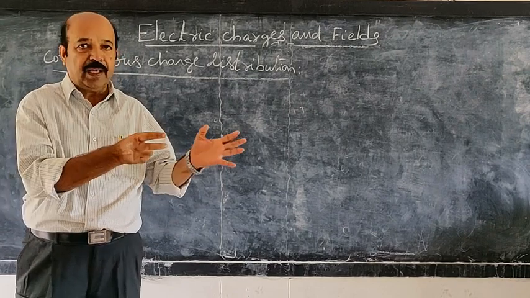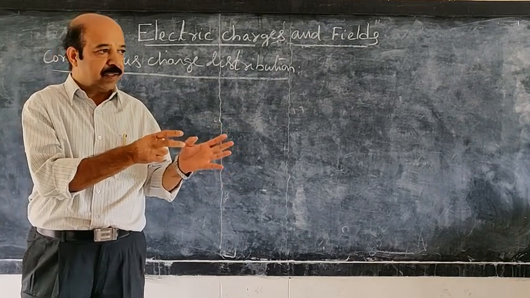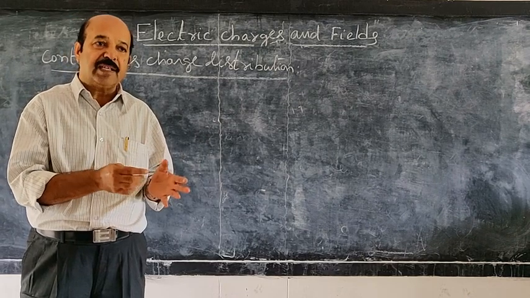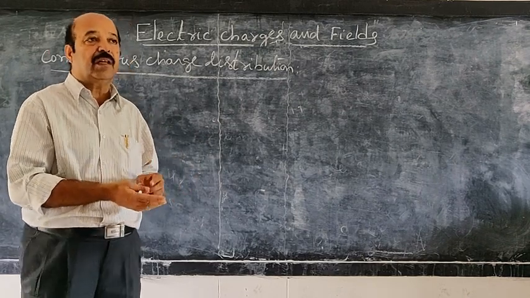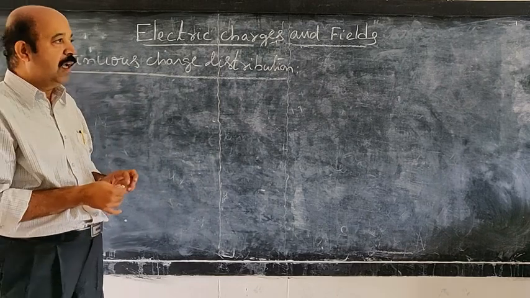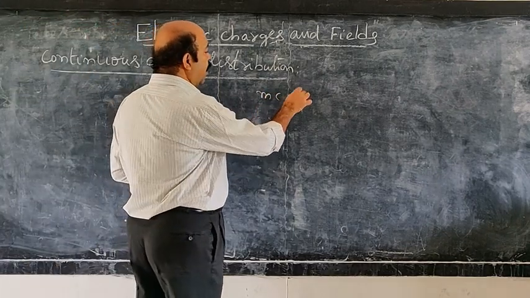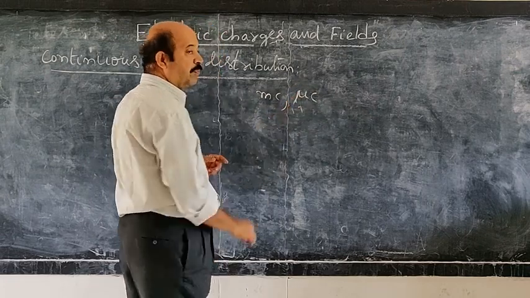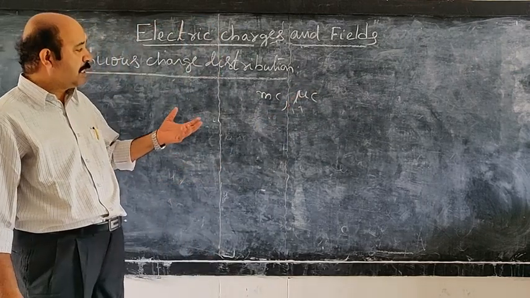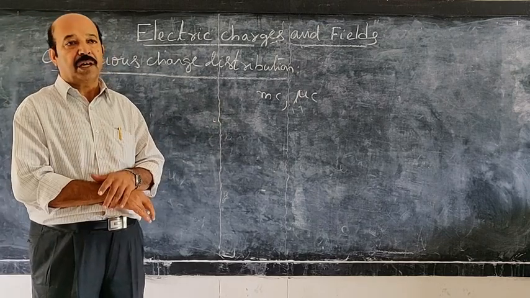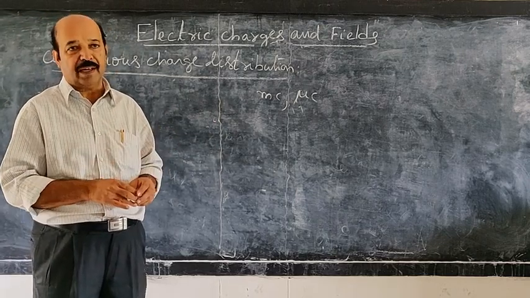If you say so many electrons are present on a body, it will be meaningless, because we will be dealing with objects or bodies having electric charge of the order of millicoulombs or microcoulombs. In such cases, we may consider the body to possess charges in a continuous manner.